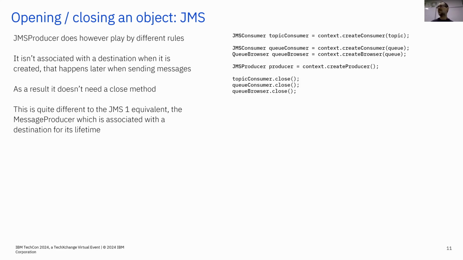And because it doesn't have a backing object in MQ associated with it, you don't actually have a close method for it. So again, there are slight differences in the mental model for producing messages compared to consuming messages. And this is where the JMS APIs have changed quite a lot as well. If this model is a problem for you, then even though I generally recommend JMS 3, you could go back and look at the older style interfaces, which you can still use today because they take a different approach.